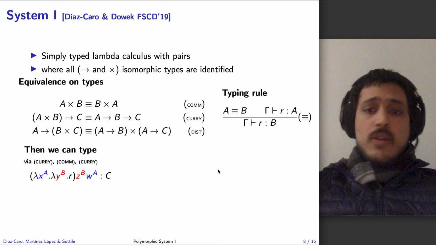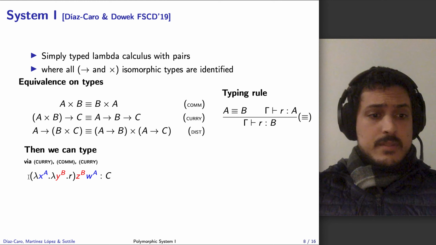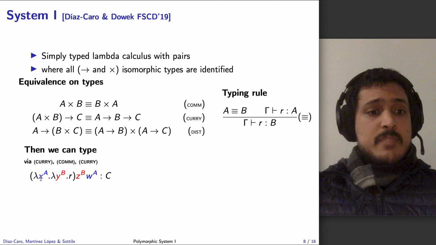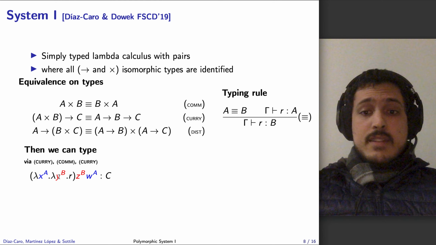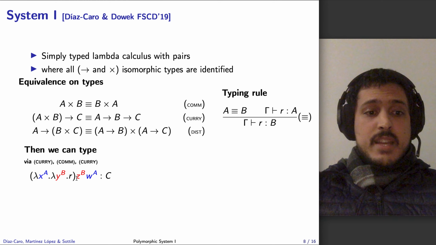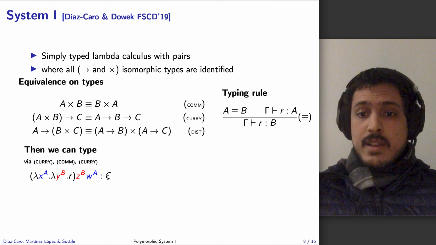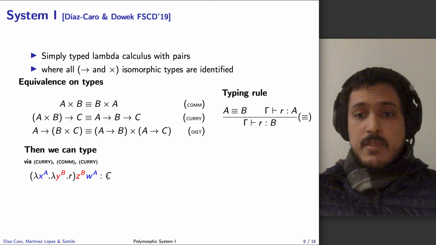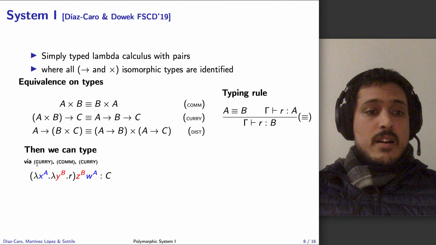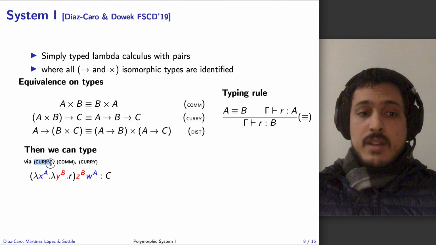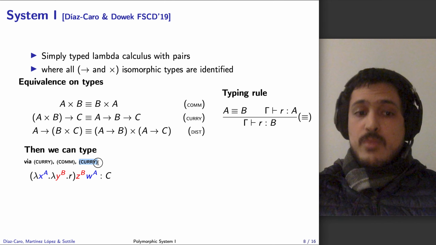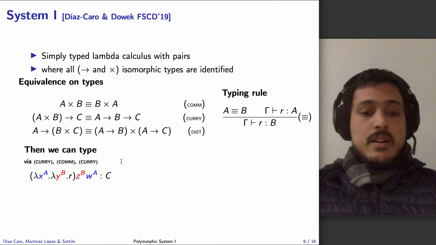And now we can type, for example, this term, which is an abstraction expecting an A and then a B, and we're giving it a B and then an A. Of course, this is not typable in traditional systems, but here it is because we have curry, commutativity, and curry again.